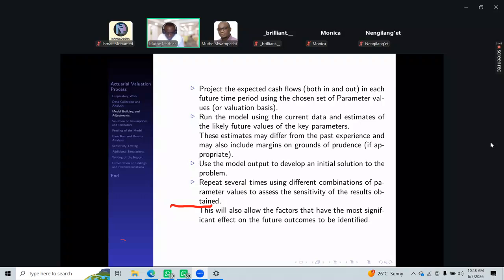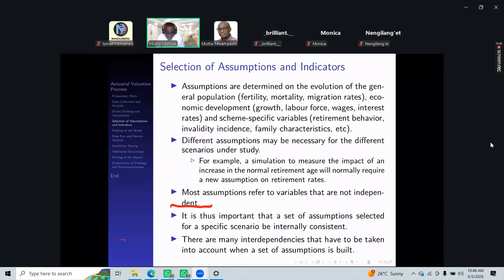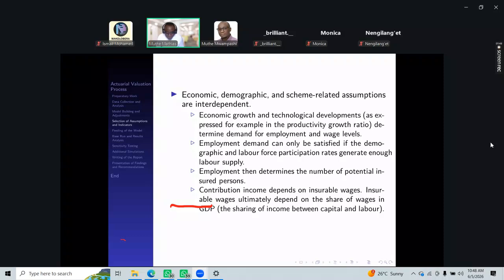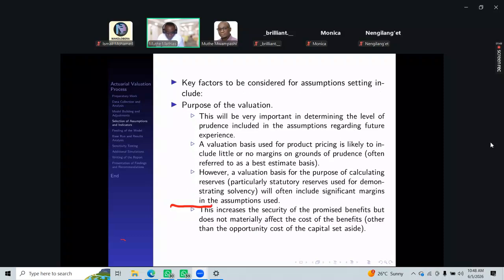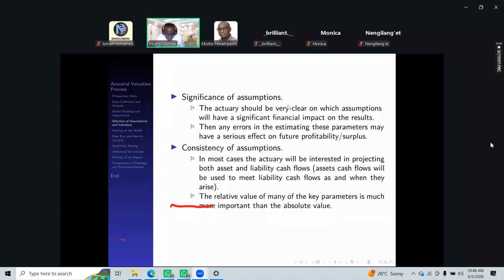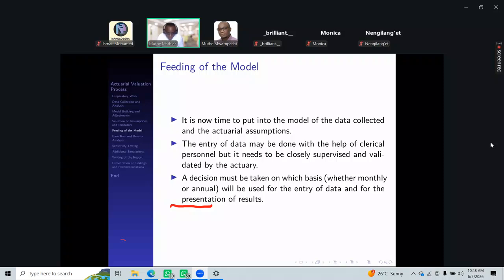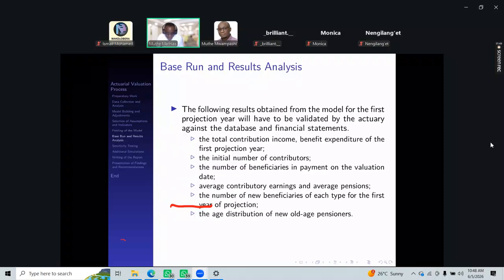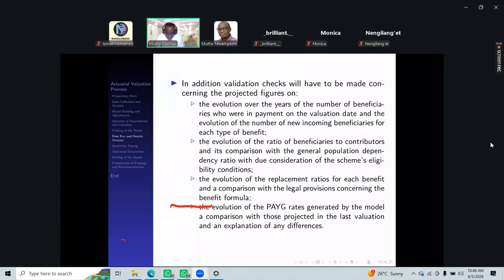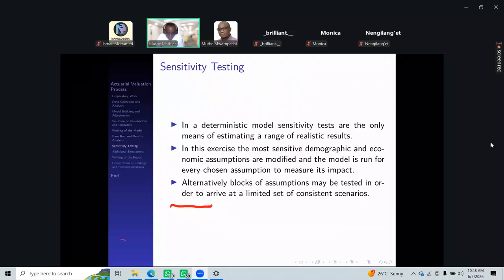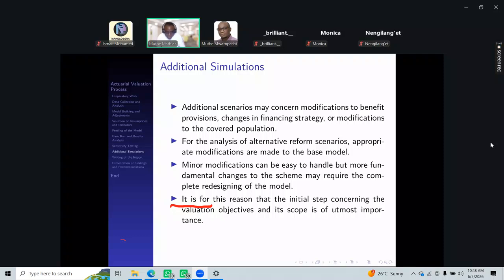Of course, selection of assumptions, we've already covered this one here. All these assumptions, okay, so feeding the model, so you have to run the model here. In case you have any question here, please let me know. But it's just a summarization of what we have already covered.